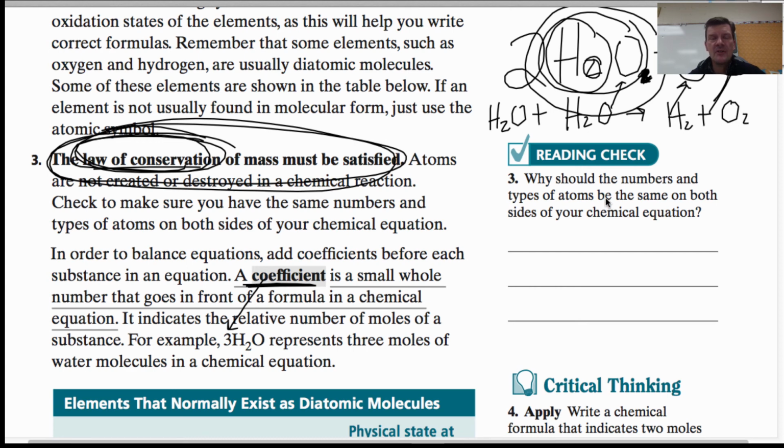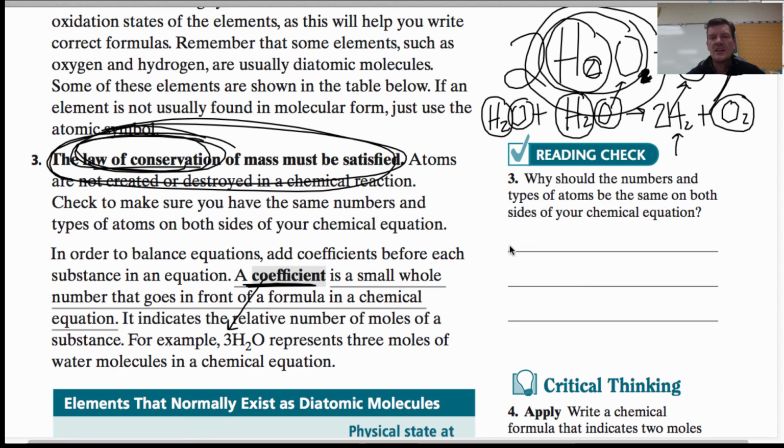Now, do I have the correct number on both sides? I've got 2 oxygens, and here I have 2 oxygens. All right, good. Now they're equal on both sides. But I also now just changed the hydrogens. 2, 3, 4. I've got 4 hydrogens, only 2 on this side. Well, all I do is I just double this guy.